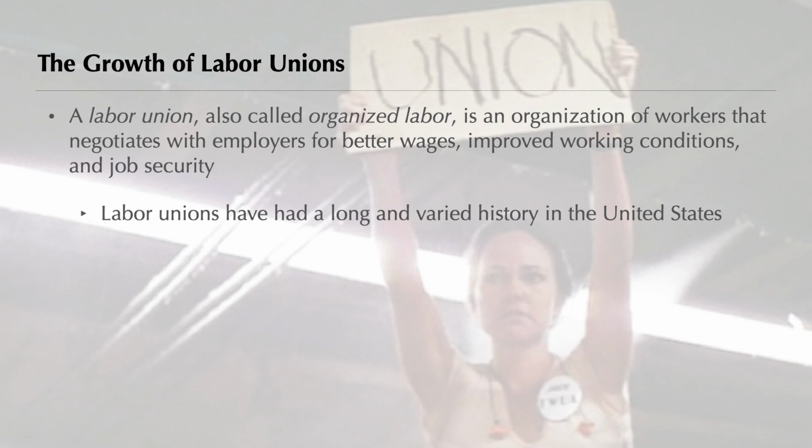A labor union is an organization of workers that negotiates with employers for better wages, improved working conditions, and job security. Labor unions and the government's attitude towards them and their activities have a long and varied history in the United States. Today, unions face some of their greatest challenges.